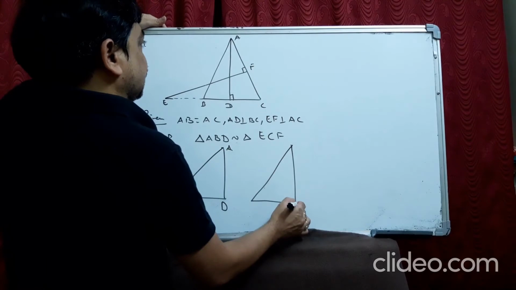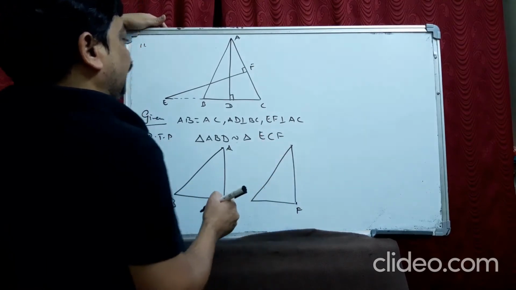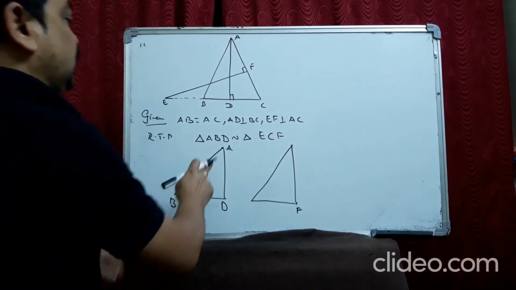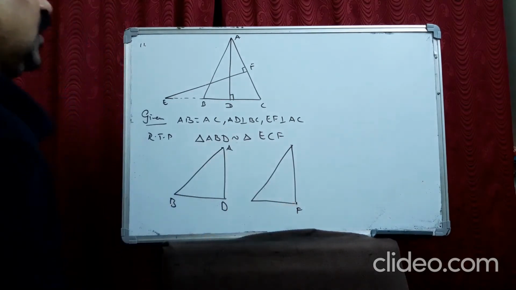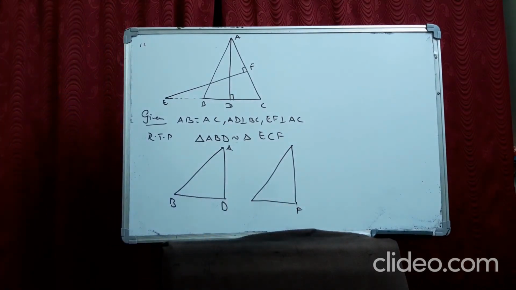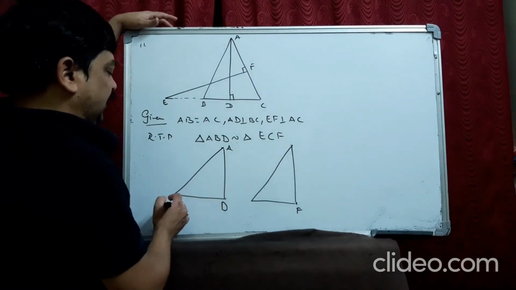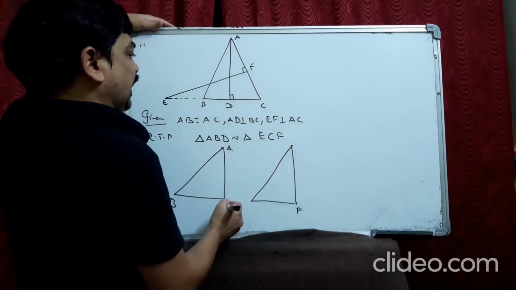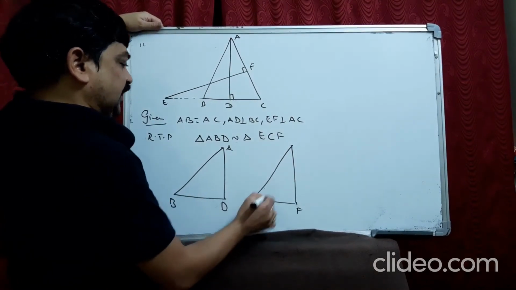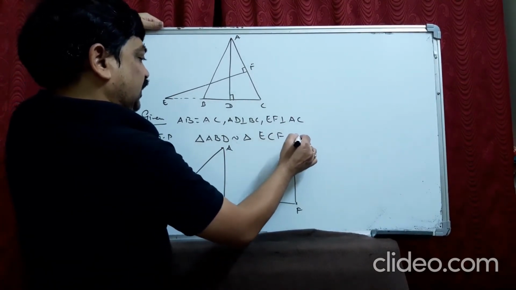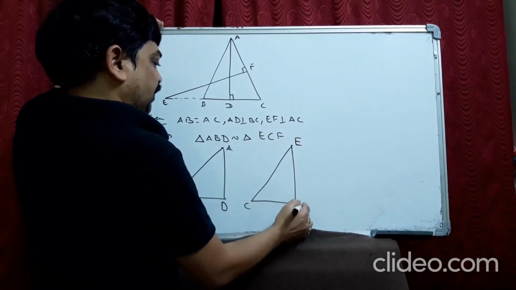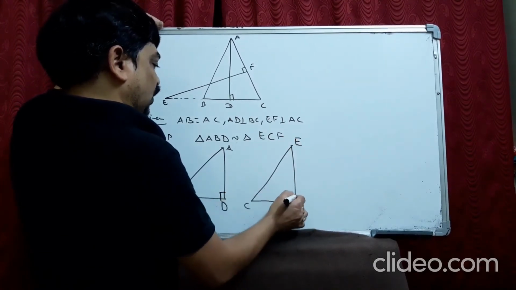This is F here. There is no angle common here. Then how to make these two triangles the same? Look here. Now see, when you take this triangle ABD and ECF, I take C here, B here. Sorry, E here. Because F is at 90. This is 90, no doubt, we fix here.